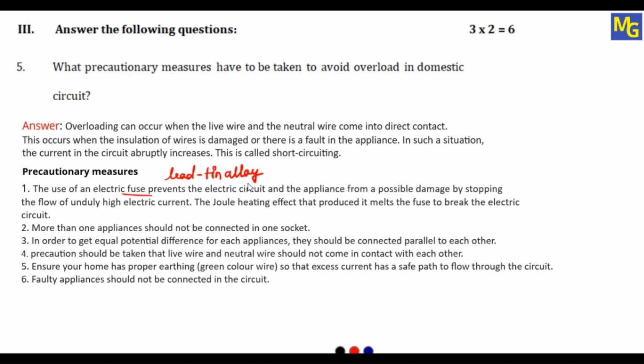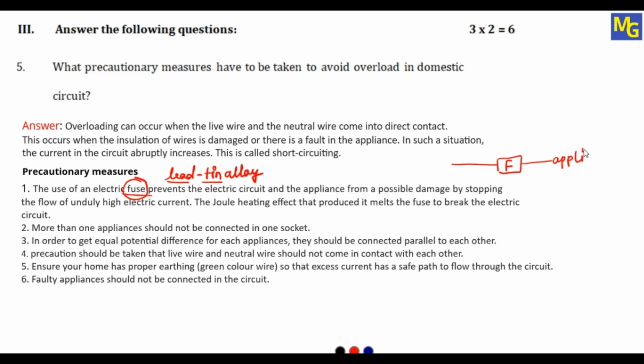What is an alloy? Alloy means a mixture of two or more metals or non-metals. Here we have used lead and tin, and by mixing those we prepare the alloy that we use in this fuse. Now imagine this is the circuit, this is a wire, and here you have connected your fuse. In front of this you have connected your appliances.